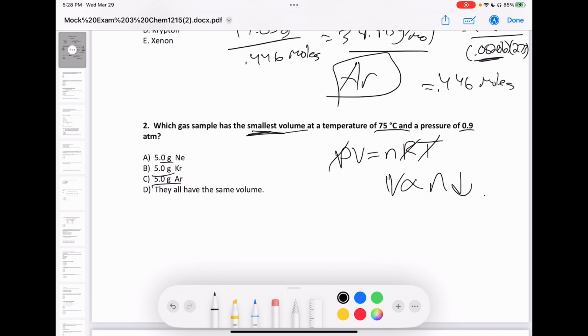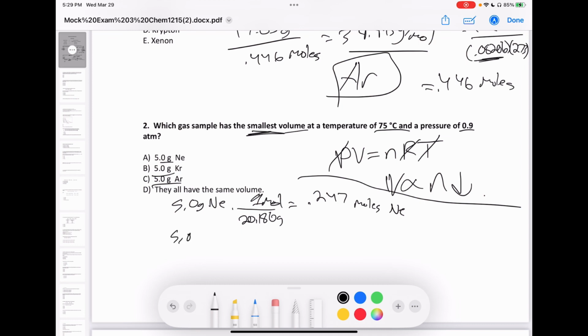So if we start with neon, we have 5 grams of neon, and then remember to convert to moles. We divide by molar mass. So that's going to be 20.180 grams per 1 mole. It's going to be 0.247 moles of neon.